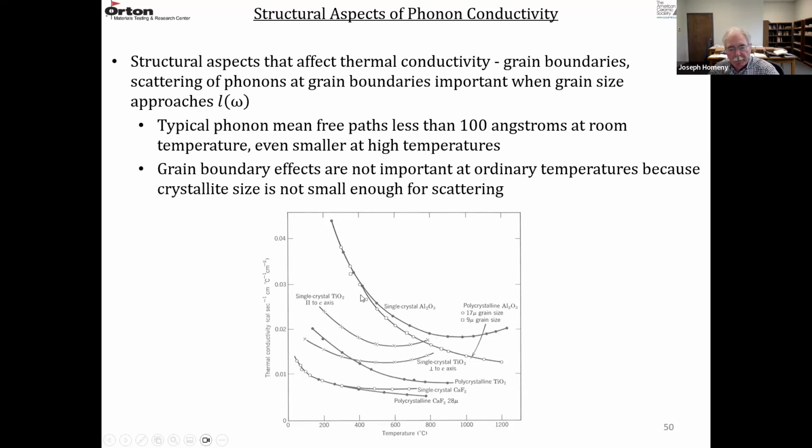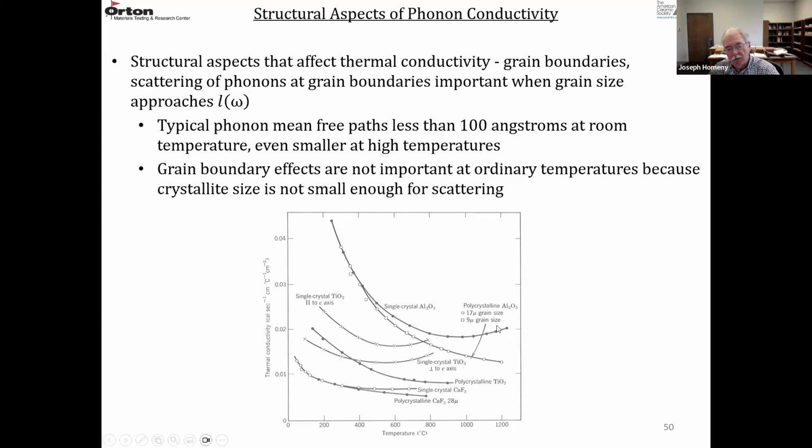So here's some typical thermal conductivity versus temperature. This is a single crystal of alumina, and then the other curve is polycrystal alumina. The single crystal happens to be transparent, so there's some photon or radiation conduction giving this deviation here. But they start out pretty close because there's no grain boundary scattering.